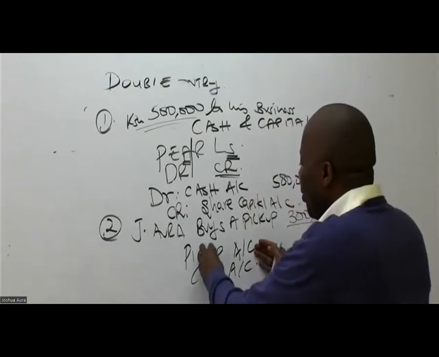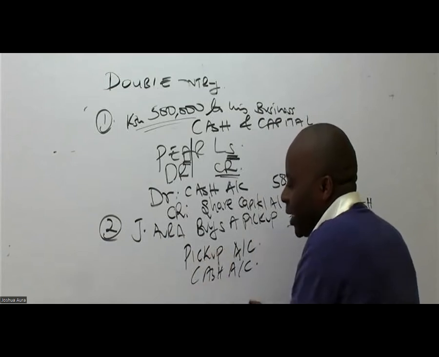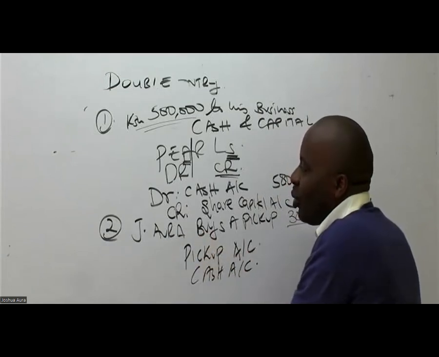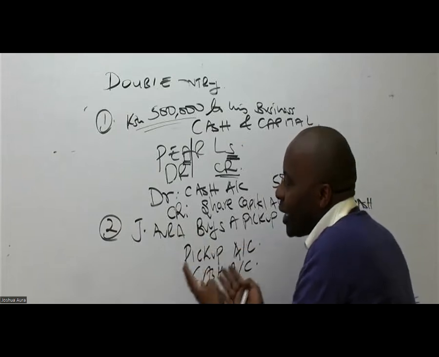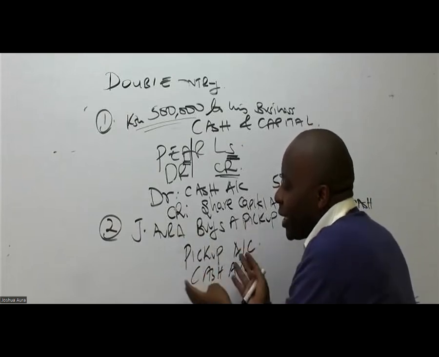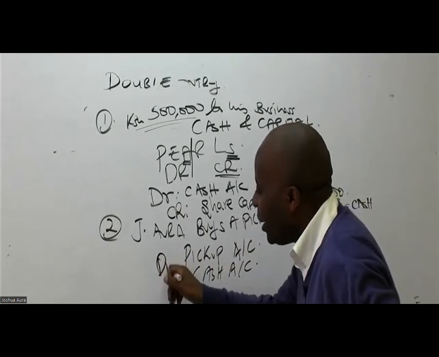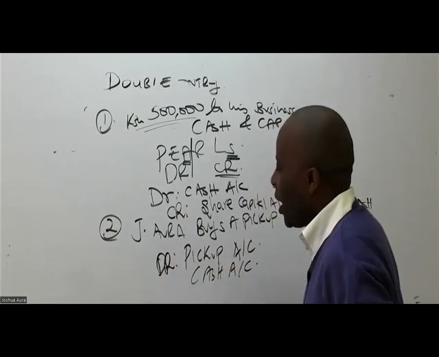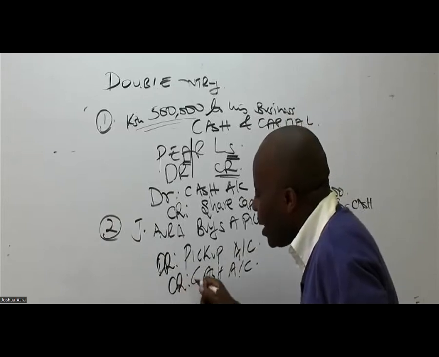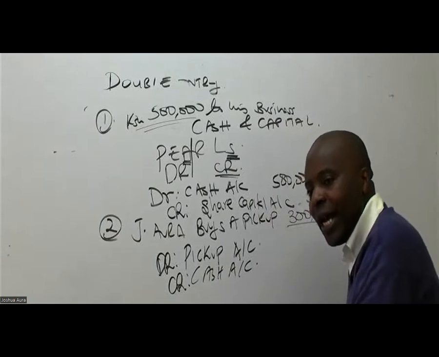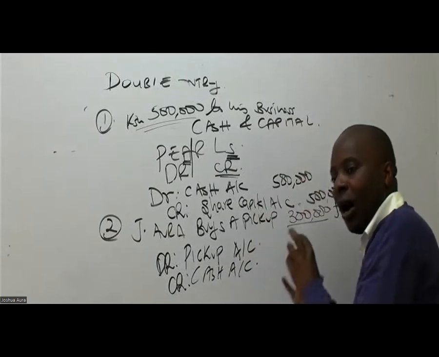Listen here, both of these accounts are asset accounts. Pickup is a new asset we have brought on board. So I can see the asset called pickup increasing. So I shall debit the pickup account, and then I shall credit the cash account, because cash has gone out.